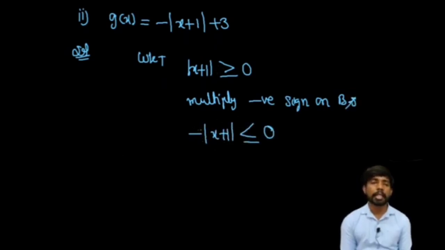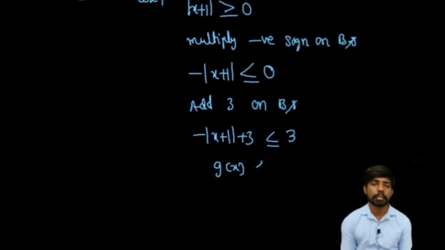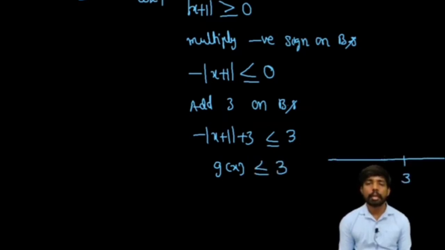Why am I multiplying by a negative? Because in the function we have a negative. Now add 3 on both sides: minus of mod of x plus 1 plus 3 is less than or equal to 0 plus 3, which is 3. This entire thing is the function g of x, so g of x is less than or equal to 3. The value approaches minus infinity, so 3 is the maximum value.